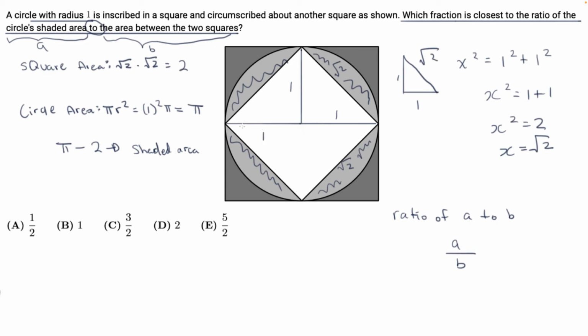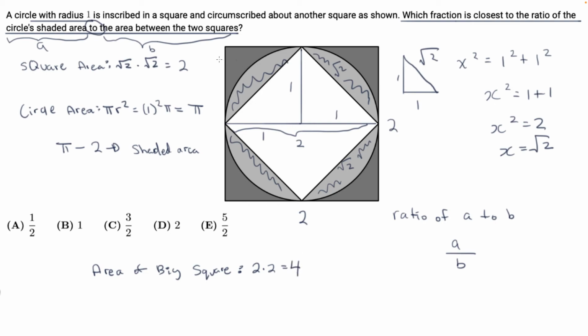So this side is 1, this side is 1, so the diameter of the circle is 2. If the diameter of the circle is 2, then the length of the square is also 2 and 2. So the area of the big square we can write as 2 times 2, which is 4.